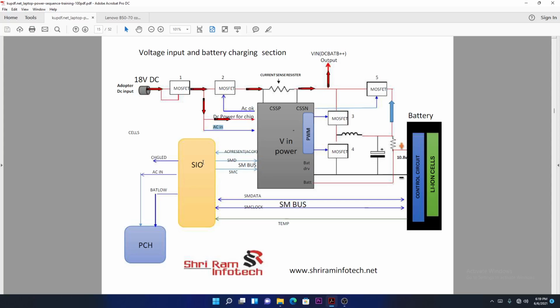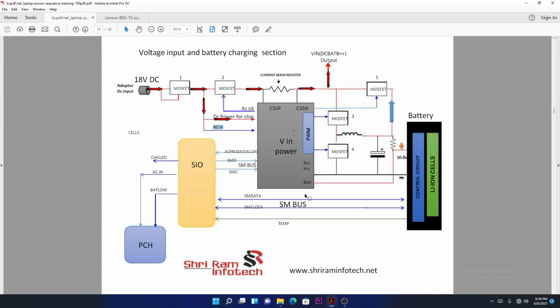So if you don't get any charging LED and the laptop is not charging, you should blame the startup chip, unless there's something shorted somewhere on the motherboard. Startup chip also communicates directly with the battery through SM data and SM clock.